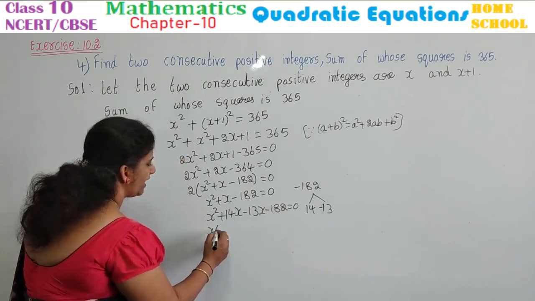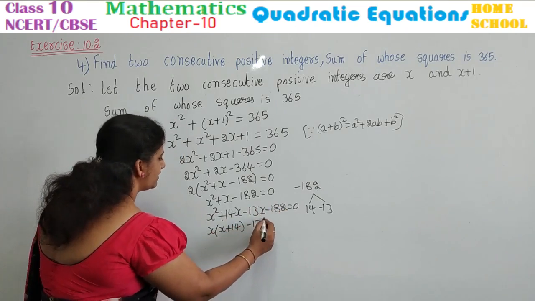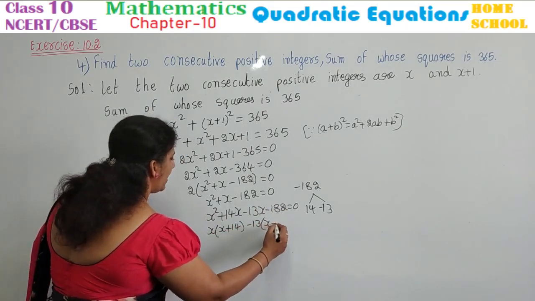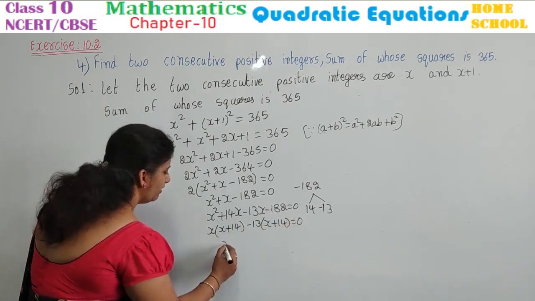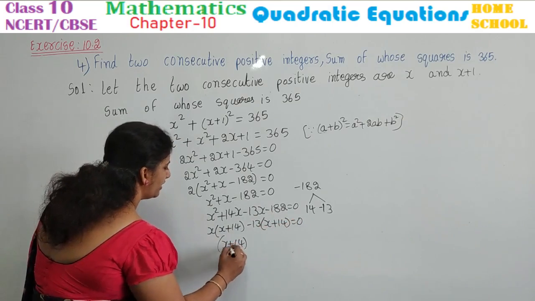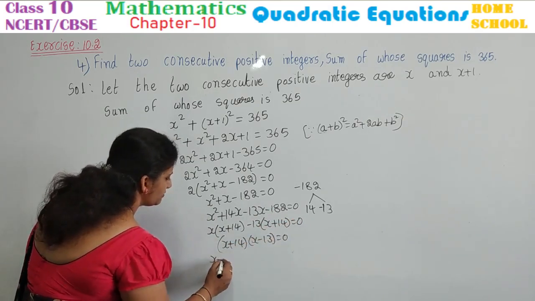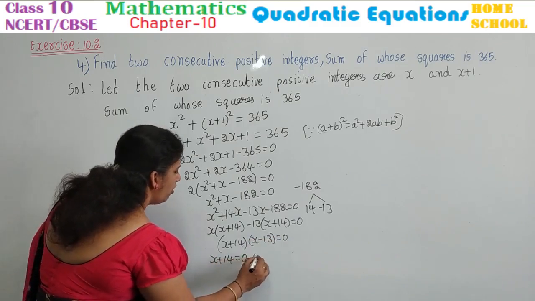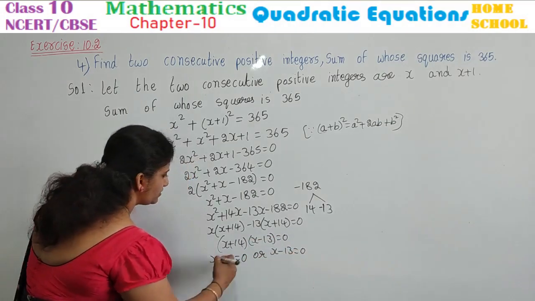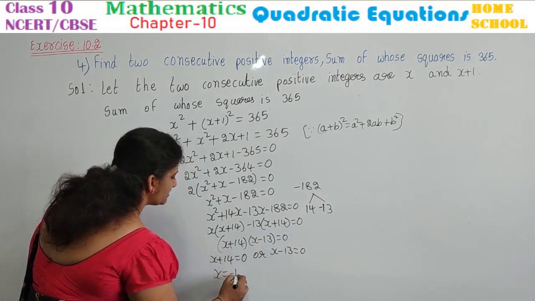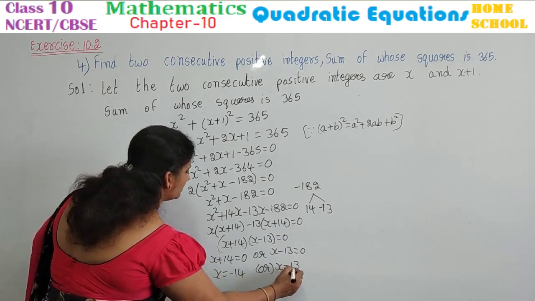Take out common. x is common: x plus 14, and here minus 13 is common in these two. In these two again x plus 14 is common. Take out, x minus 13 will be left. Therefore x plus 14 equal to 0 or x minus 13 equal to 0. Send the other side: x is equal to minus 14 or x is equal to 13.